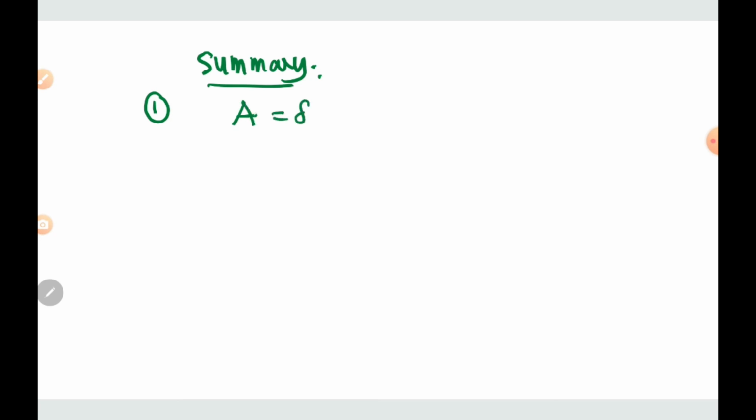Okay, now I want to share with you the summary on how to solve optimization problems. So the first step you need to do here, for our previous example, is to find out what is the area in terms of function x. Area is the subject here because we want to find the maximum area.